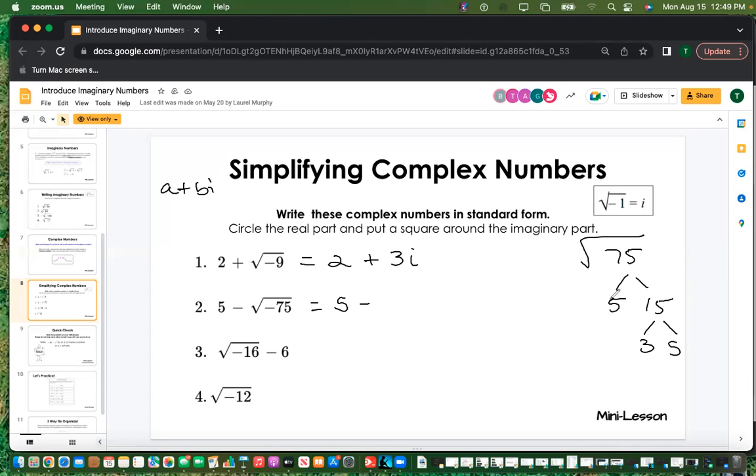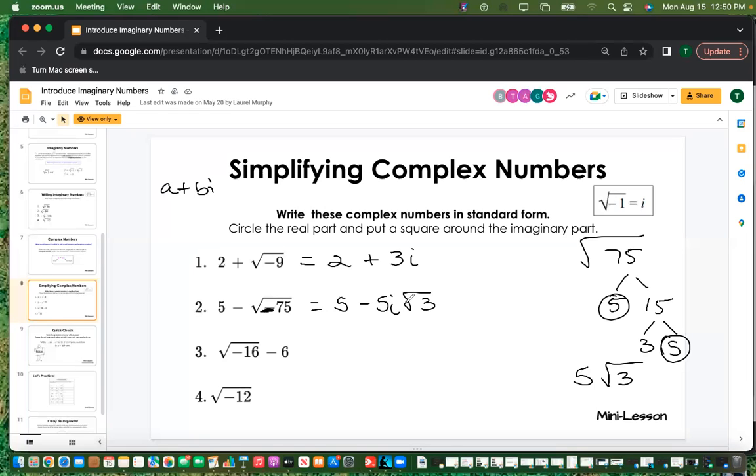So there's a pair of 5s right here: we've got a 5 here and a 5 here. So that means I can exit the radical, and what am I left with? A 3. So I can rewrite this square root of 75 as 5 square root of 3. And we had this negative underneath the radical, so that's going to be an i.